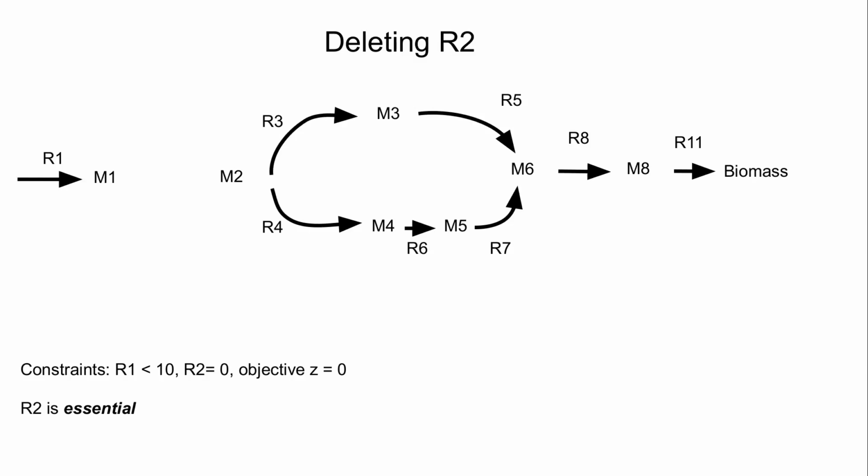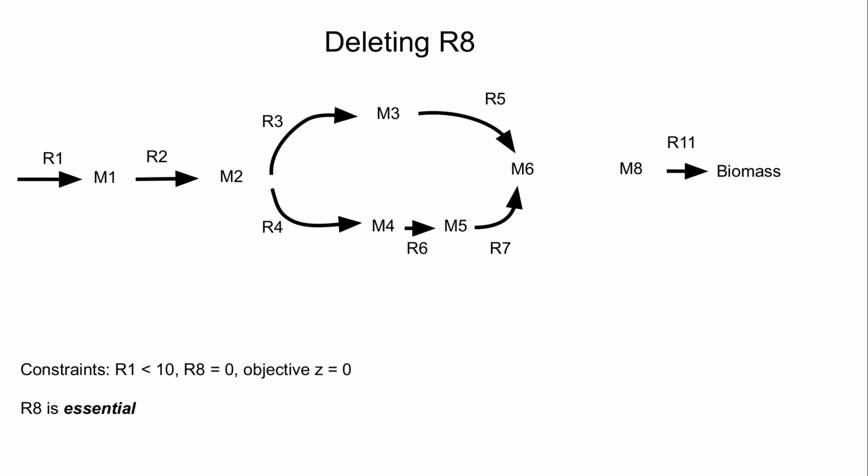So the maximum value of the objective that we can reach once we knock out R2 is 0. And since the organism can't grow with R2 deleted, we say that R2 is an essential reaction. So that is a single reaction knockout of reaction R2.